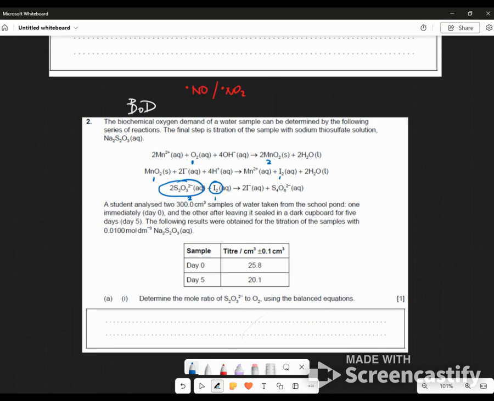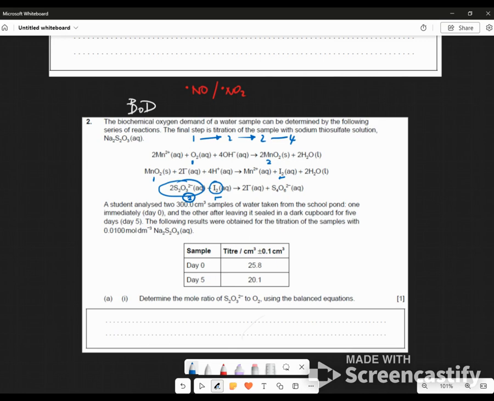Okay, let's go. Right, for 1 oxygen here, we get 2 of those. So 1 goes to 2, and then 1 goes to 1. So 2 is going to go to 2. And then the last step, 1 goes to 2. So this is 1 and 1. So if I've got 2 of those, it's going to give me times 2, 4 of those.